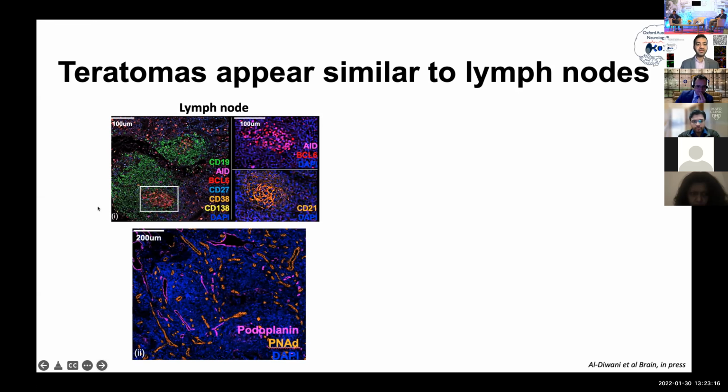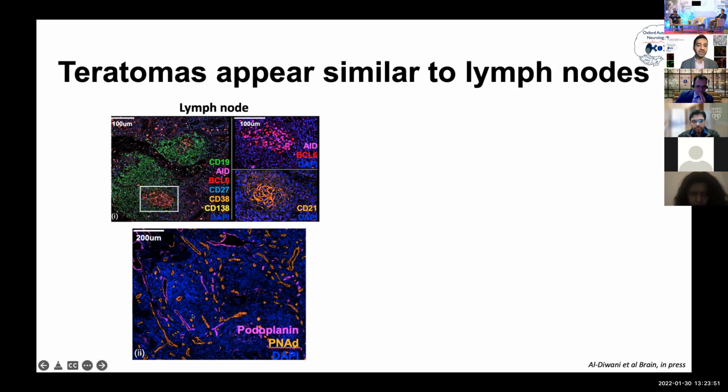So this is an example of a lymph node from a patient, and you can see these B cell densities in classic follicles surrounding AID, an enzyme involved in class switch recombination and somatic hypermutation, and a key transcription factor, BCL6, defining germinal center B cells. CD21 is a marker of dendritic cells which present antigen, and podoplanin and PNAD are markers of the lymphatics and the high endothelial vasculature respectively.